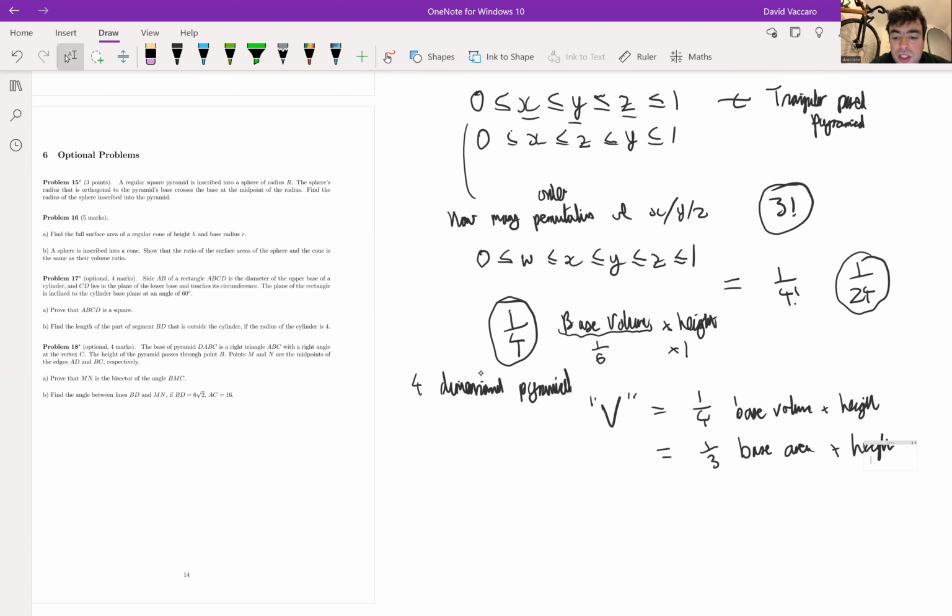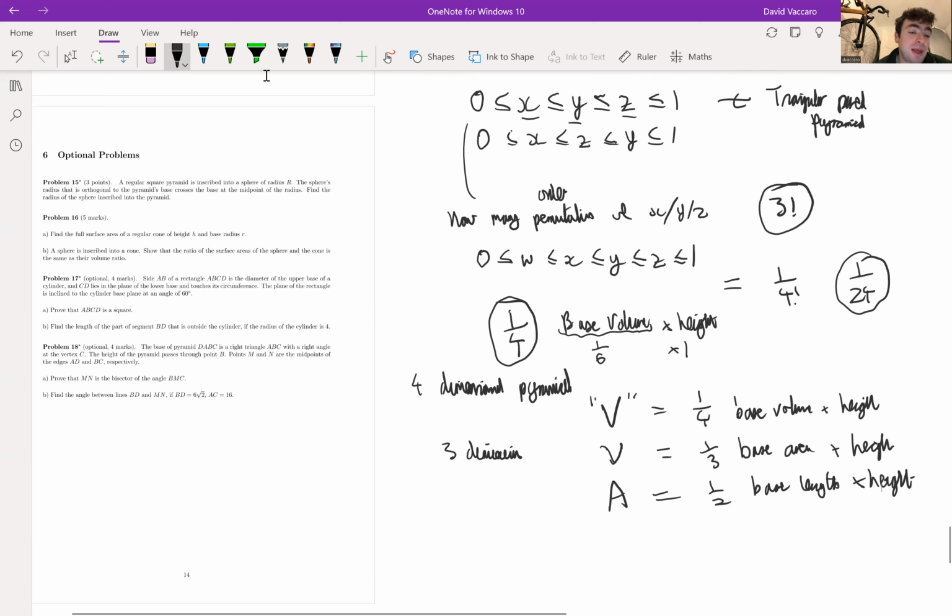And then for 2 dimensions, the area is 1/2 base length times height. And I really like this example. It's a little bit high tech and it's not classical geometry, but it shows that the formula half base times height, which is the formula for the area of a triangle, is the 2-dimensional version of the volume of a pyramid, which is 1/3 base area times height.